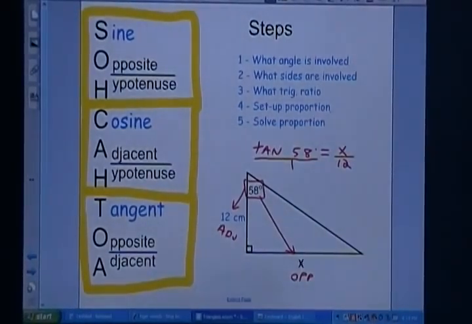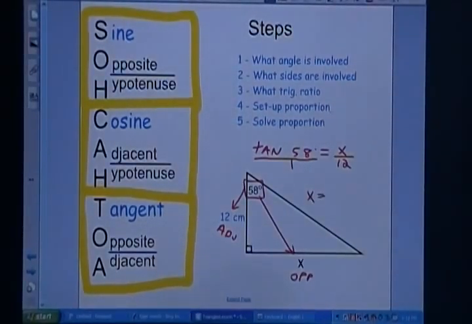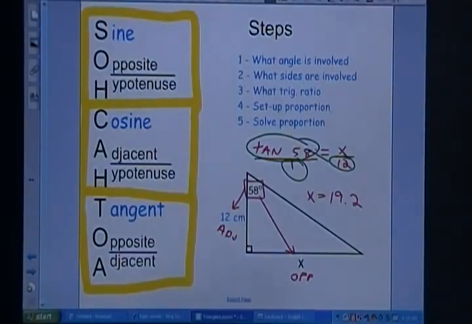So it's going to be 12 times tangent 58. And if we do that, we should find out that x is going to be, in this case, 19.2. It would be 12 times tangent 58 divided by 1, so that really doesn't do anything for us. We end up saying that x is 19.2.